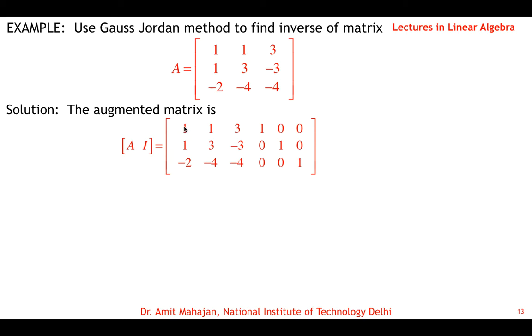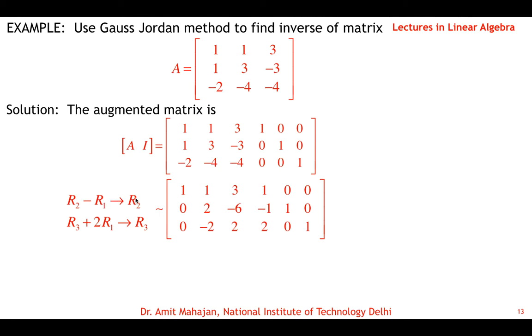This element is already 1, so we will use it to make these two elements 0. So row 2 minus row 1, and row 3 plus 2 times row 1. Row 2 minus row 1 impacts row 2, so 1 minus 1 is 0, 3 minus 1 is 2, minus 3 minus 3 is minus 6, and we apply the same row operation here: 0 minus 1 is minus 1, 1 minus 0, and 0 minus 0.